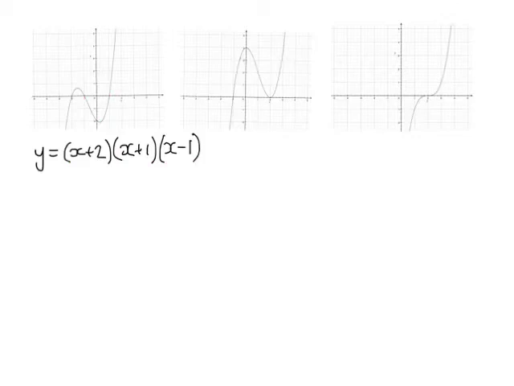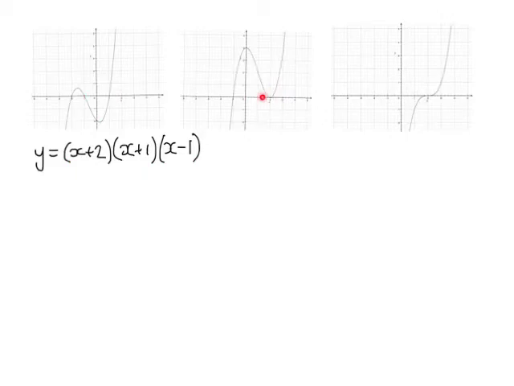For the second one, we've only actually got two roots here. It crosses the x-axis at x equals -1, and it just touches the x-axis here at x equals 2. Now this root here, where it just touches the x-axis, you saw a similar thing with quadratics.